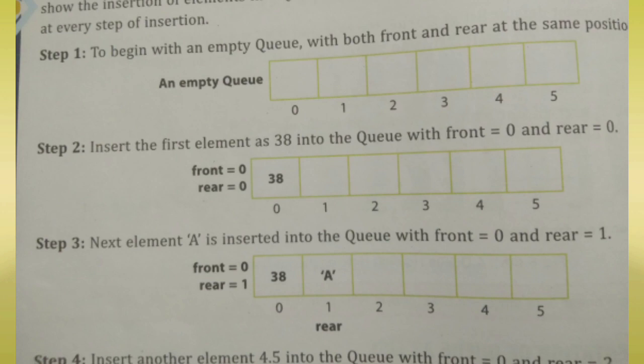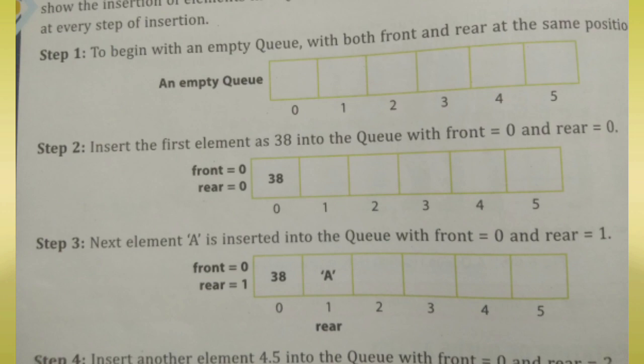Then in the second step, we insert the first element, 38, into the queue with front equal to 0 and rear equal to 0, at the 0th index position.